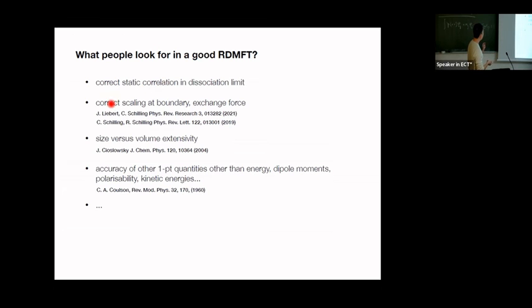And we want your functional to have the correct scaling at the boundary of your domain. This is the so-called exchange force, which Julia and Christian have some work on. And also, someone in our audience knows very well about size and volume extensivity and these kinds of criteria that are demanded of the functional.